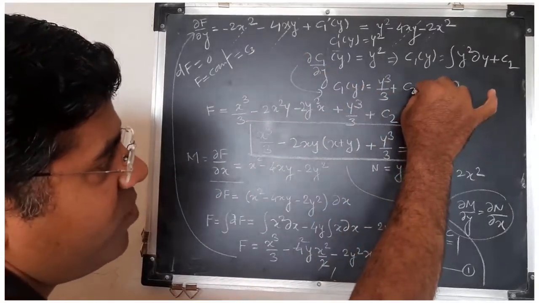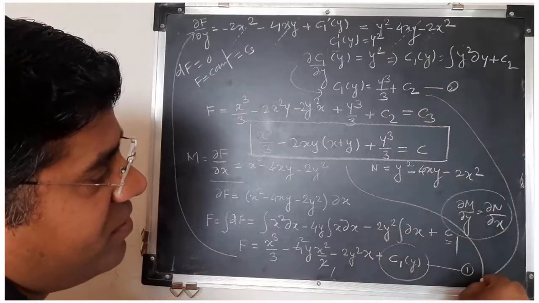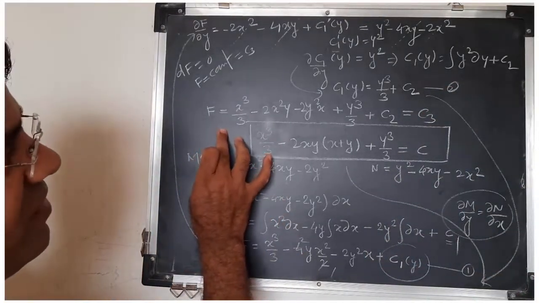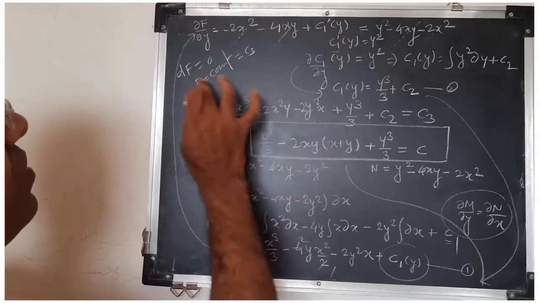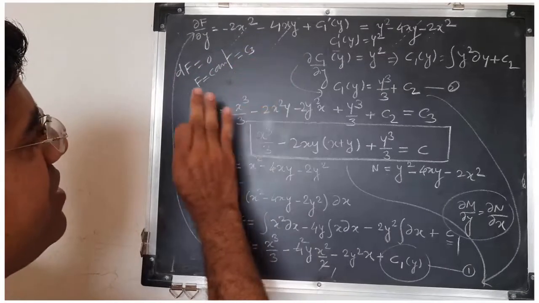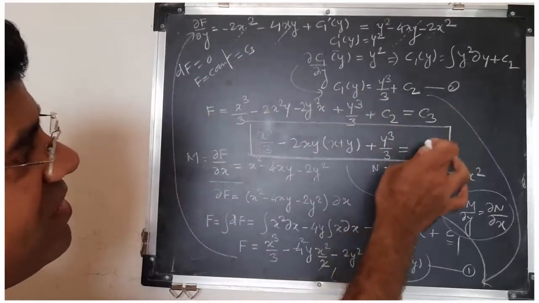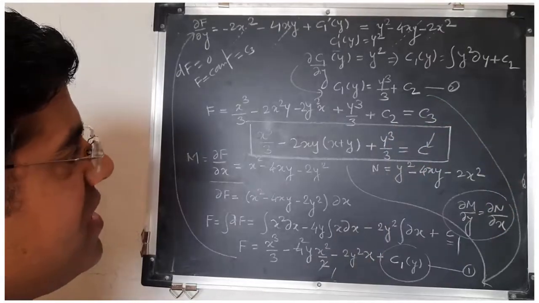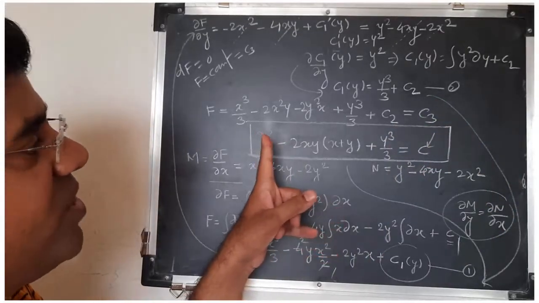That value I put in equation number 1, and from that we get this equation, f is equal to this. But we know df is equal to 0, so f is constant, that constant is c3. So c3 minus c2, suppose c, gives the constant of the function.